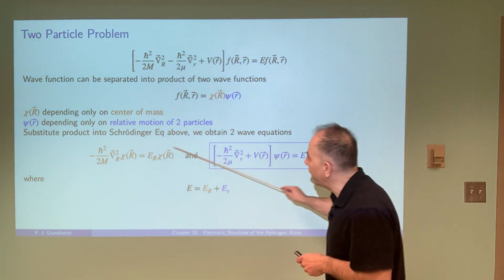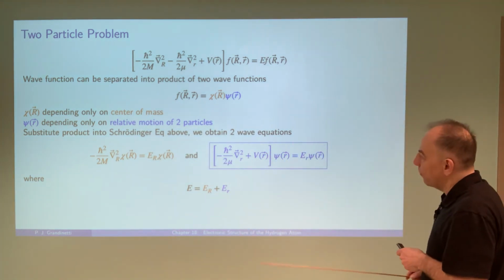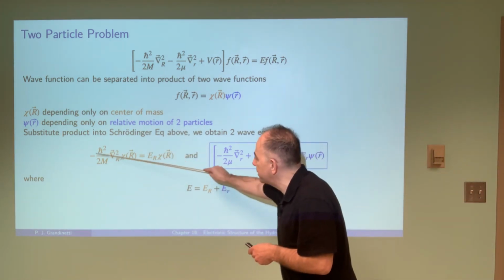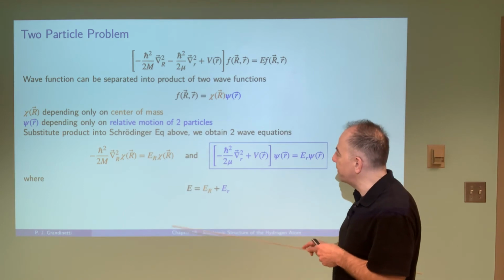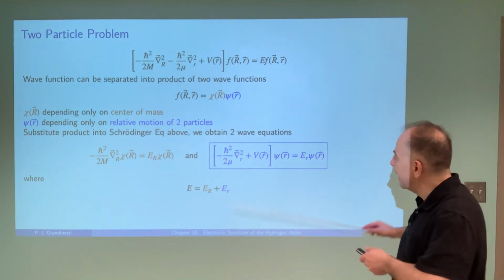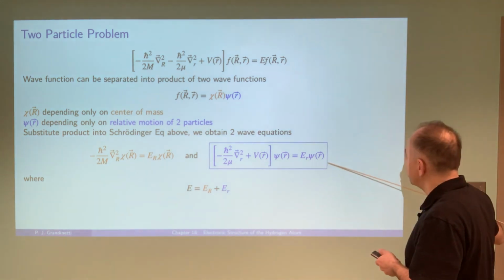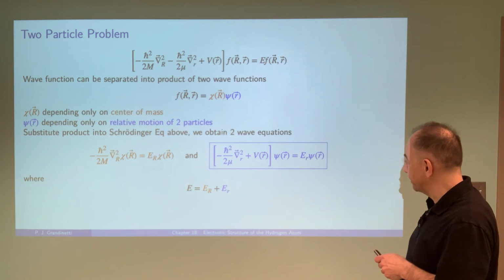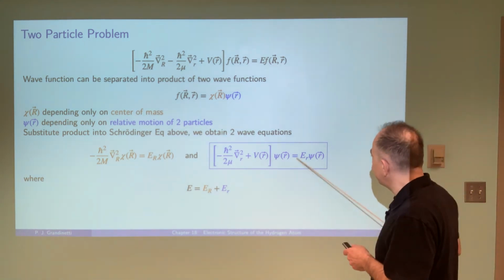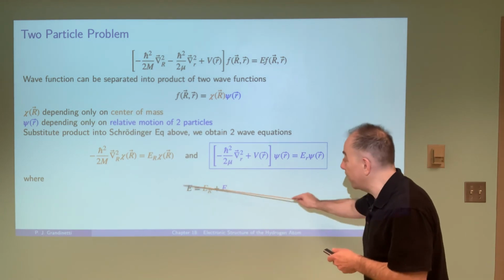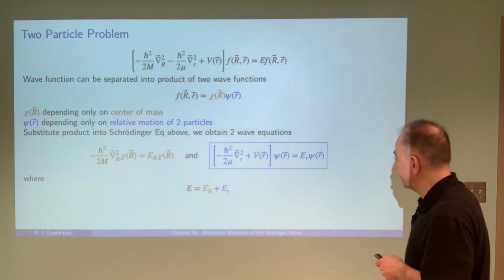You find that you can break it up into two differential equations where they're decoupled. This is a differential equation describing just the motion of the center of mass, which is just a free particle in a sense, and this is the relative motion of the electron and the nucleus. The total energy from this equation and from this equation gives us the total energy for the whole system here.